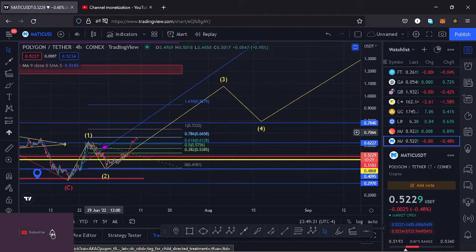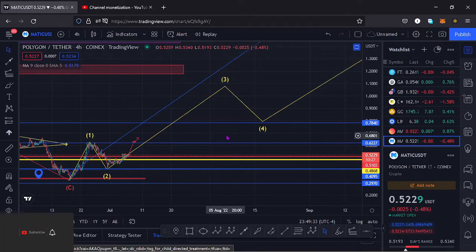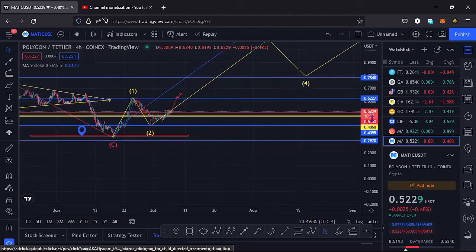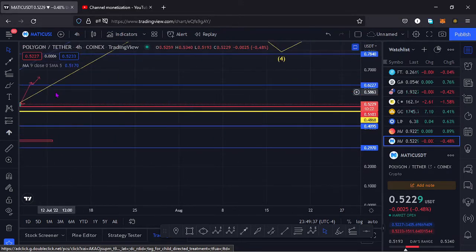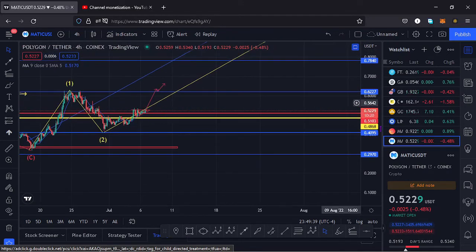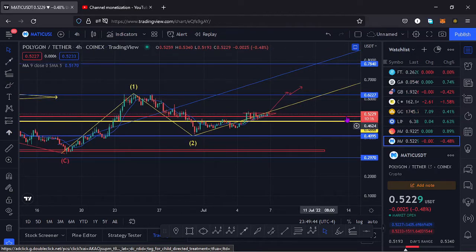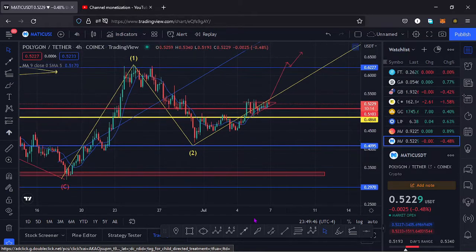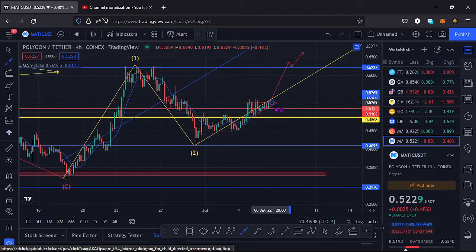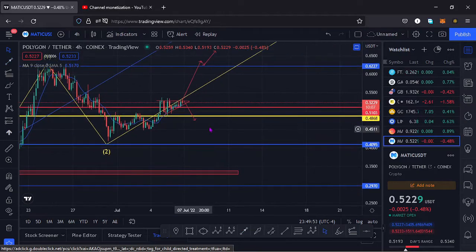And note, it's also very possible that we break to the lower side of these key areas of support, and in case we lose these key areas of support, it's possible that we even break below them and maybe have a retest of those areas and continue pushing to the lower side.